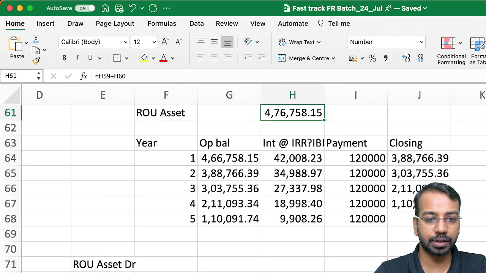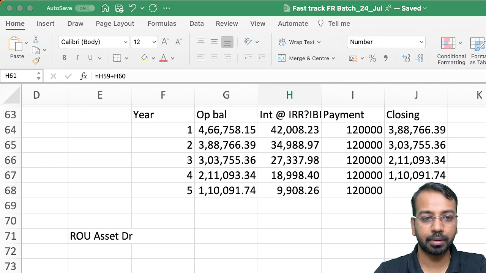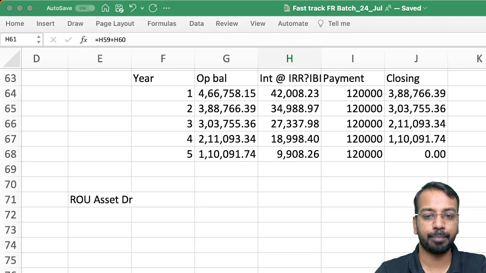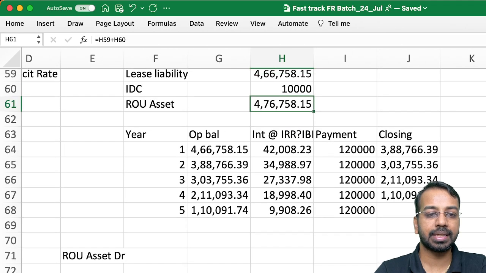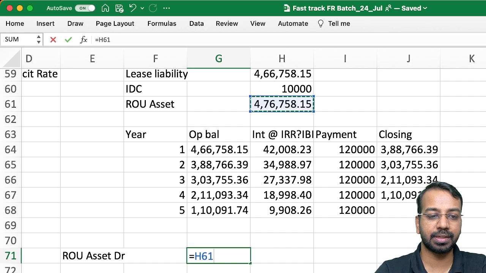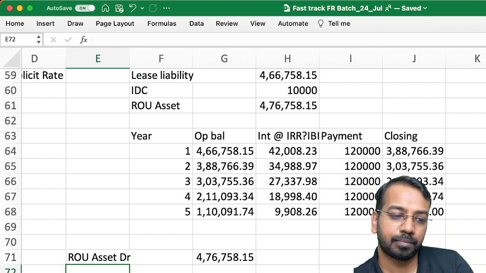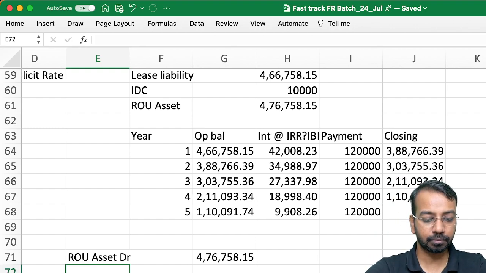I think it is not visible, just a second. So ROU asset is 476,758. I'll just link it with this here. We'll debit that, and you will credit lease liability.